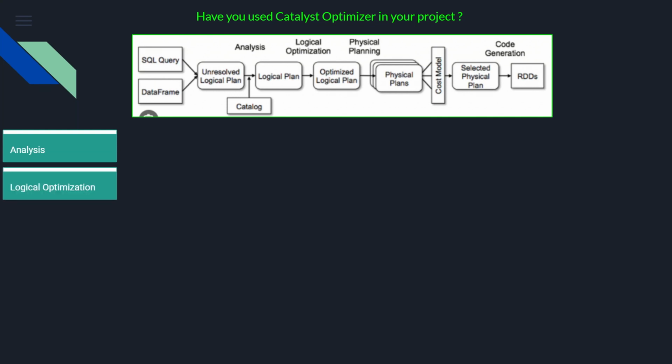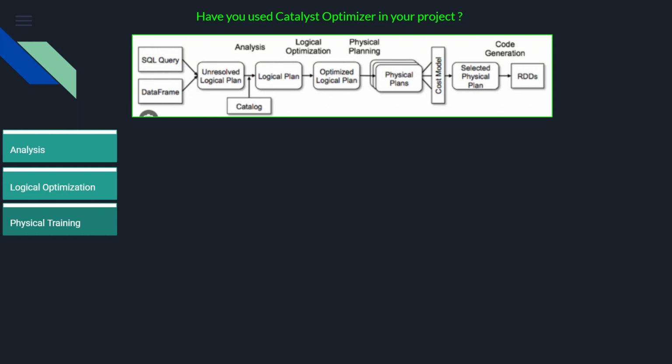We then have logical optimization. It optimizes the logical plan by applying rule-based optimizations such as predicate pushdown, constant folding, and Boolean expression simplification. Then physical planning: Catalyst generates the physical plan from the optimized logical plan.